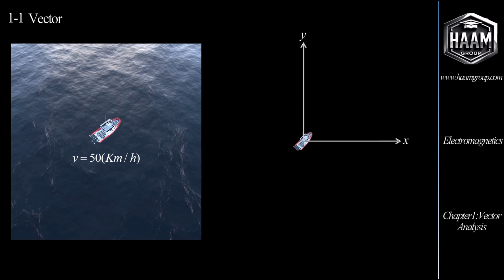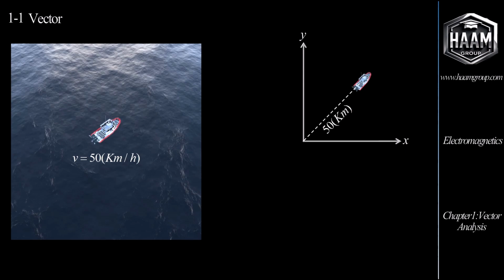We know the boat will move at a speed of 50 kilometers per hour. So, after 1 hour, it will be 50 kilometers away from its starting point. However, since we do not know the direction of its motion, we cannot determine its exact position.